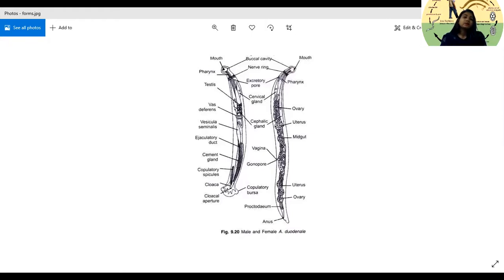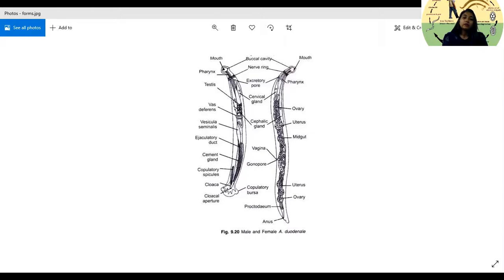And larva. There are two types of larva: rhabditiform larva and filariform larva. The rhabditiform larva is 250 micrometers in length and hatches out in soil in 48 hours. The rhabditiform larva molts twice, on the third day and fifth day.